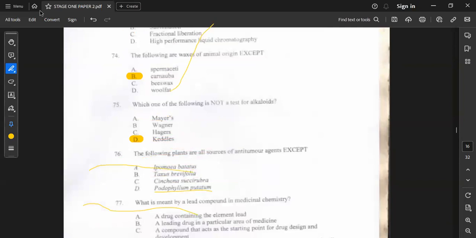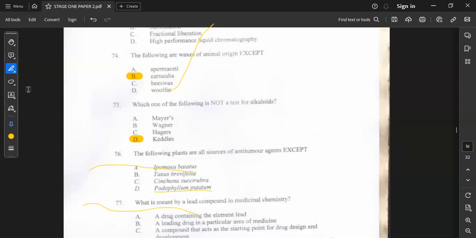Sorry, let me say something about what you've asked about solubility, because I remember when we did the last discussion with people, we were saying that when they're in free base form, they are insoluble in water. But when they form a salt, they are soluble in water, or some are sparingly soluble in water, but there are some exemptions. So the free bases are insoluble in water, but soluble in organic solvents. But you find some exceptions, something which will be a free base, but it is soluble in water instead of being insoluble in water, such as caffeine.